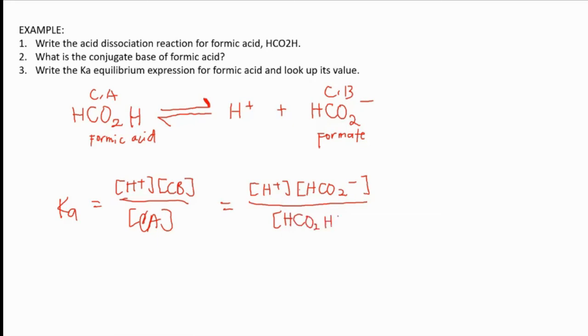Understood? The Ka value of formic acid is 1.8 times 10 raised to negative 4.